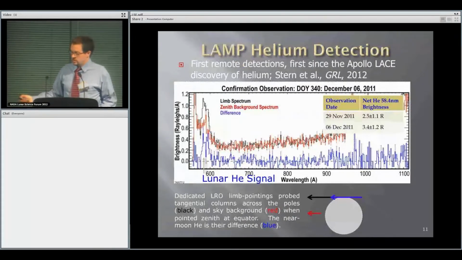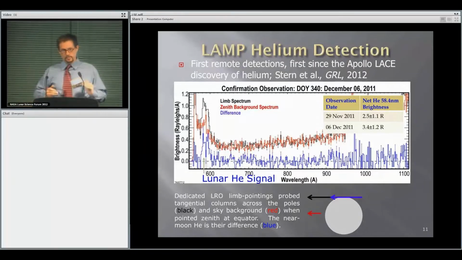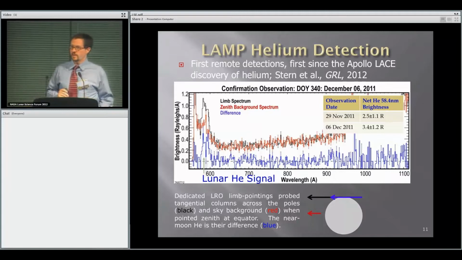And we saw these helium signals in our data set originally, and we had a hard time sifting them out from what could be nearby lunar-related signal from sky background. And I'll describe the sky background a little bit more, but the brightnesses of the two were expected to be about the same.